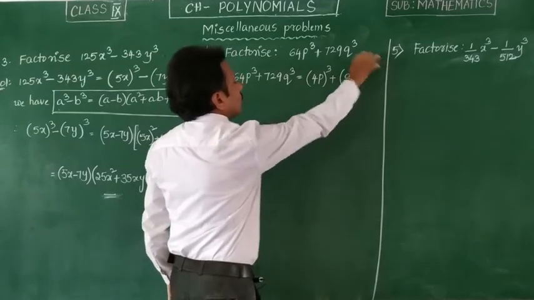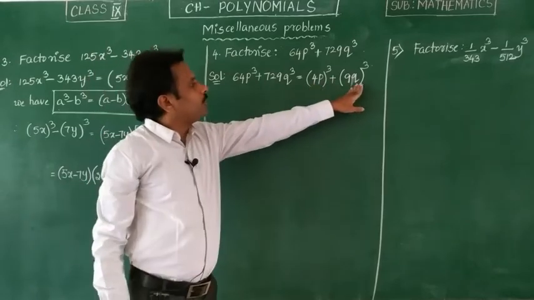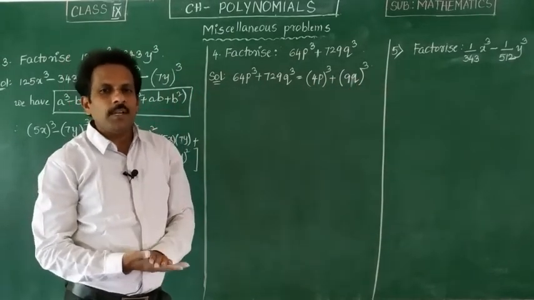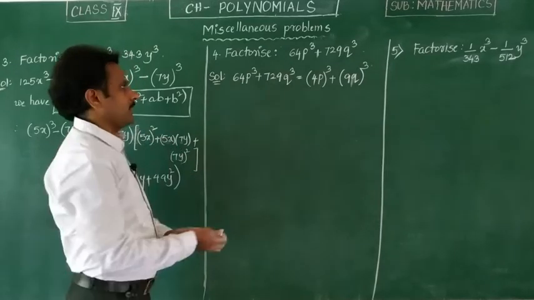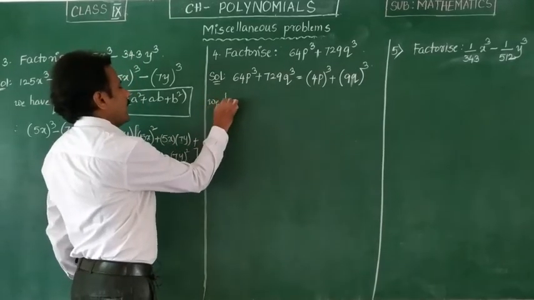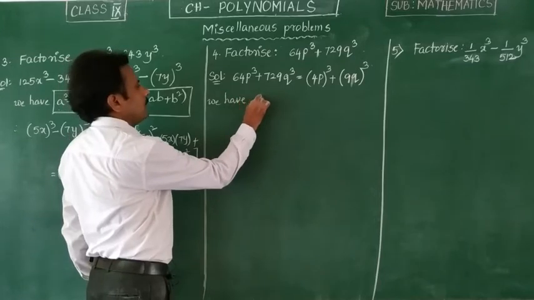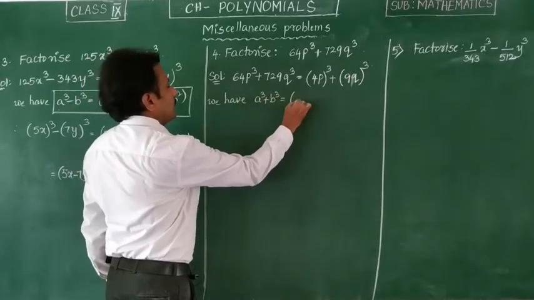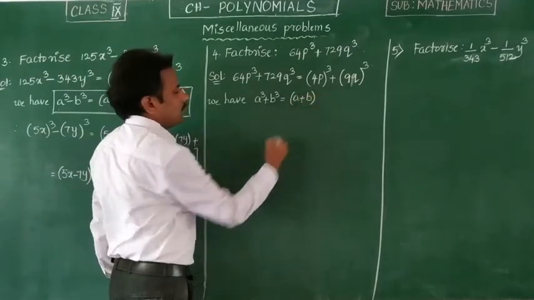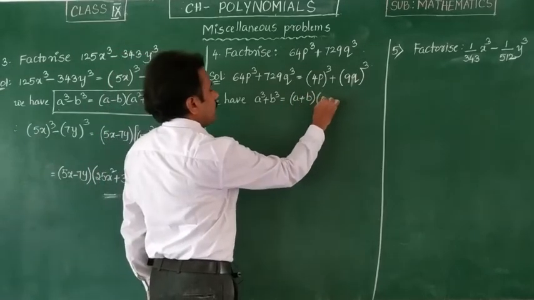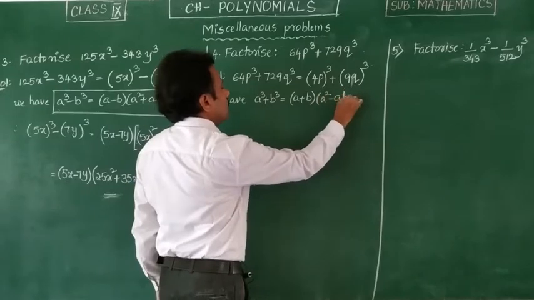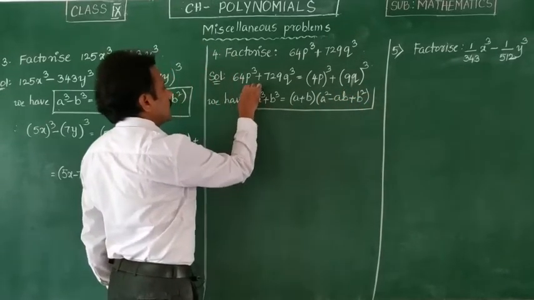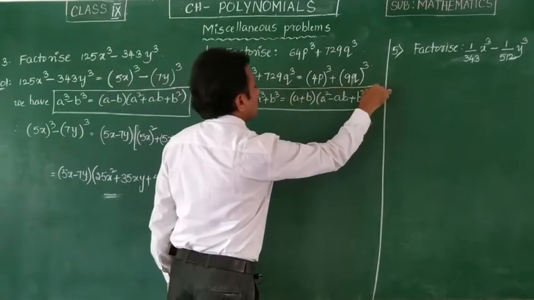Since it is in the form of a cube plus b cube, what is the product form of a cube plus b cube? a plus b into a square minus ab plus b square. So let us apply that. We have a cube plus b cube equals a plus b multiplied by a square minus ab plus b square. This is the identity we have to apply.